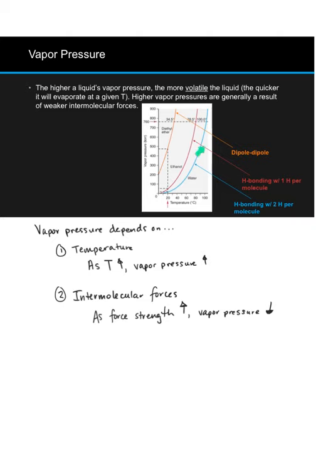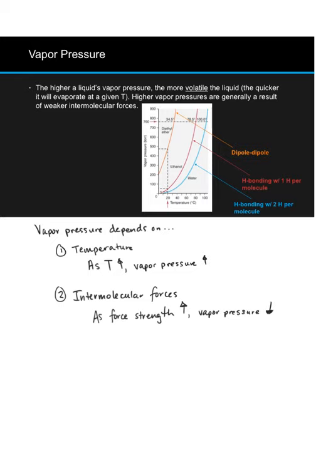Water, plotted in blue, as we've already seen, can participate in hydrogen bonding with two hydrogens per molecule, both the hydrogens that are bound to the central oxygen atom. Clearly, the intermolecular force of attraction is strongest in water, weakest in diethyl ether.